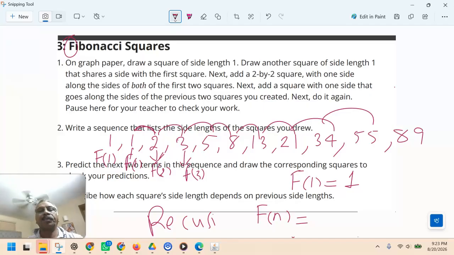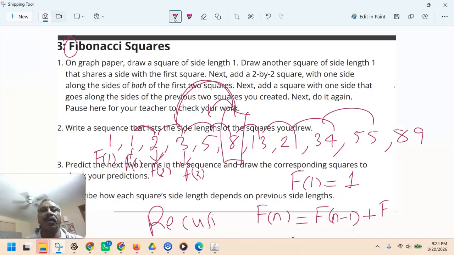if I want to find this, how did we get this? You added this one and this one. So it means the step number n is F of n minus 1, the previous one, plus another previous one. So this means one less.